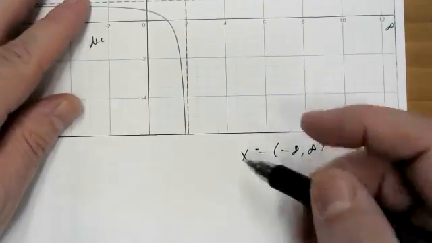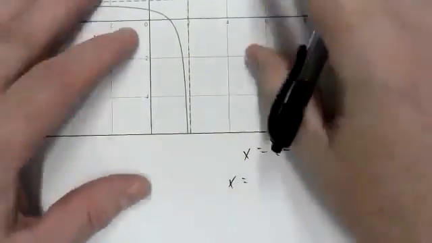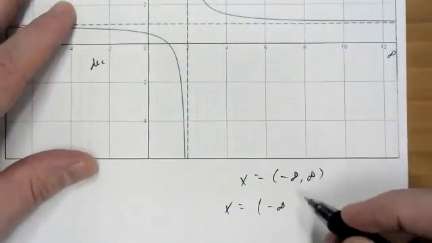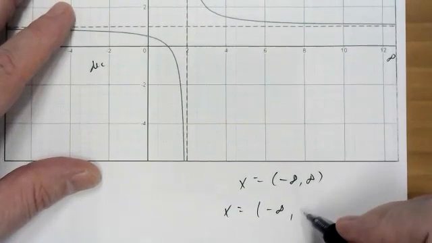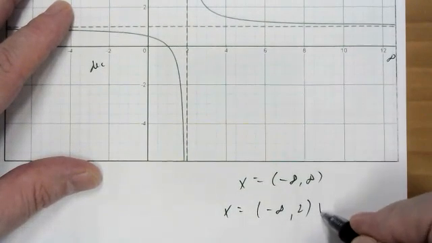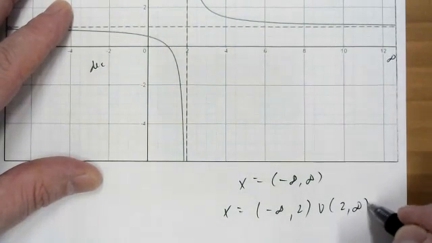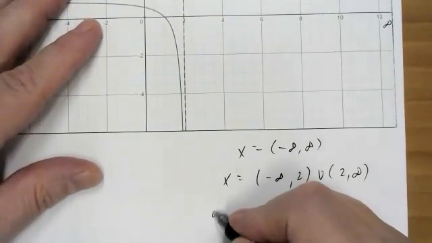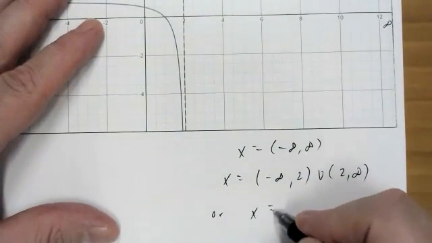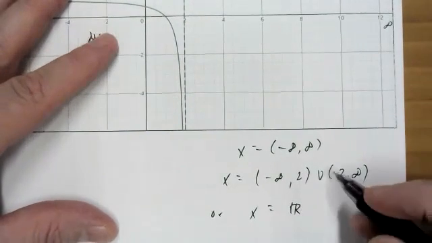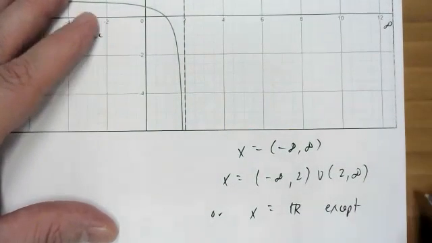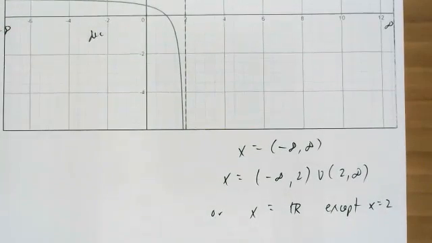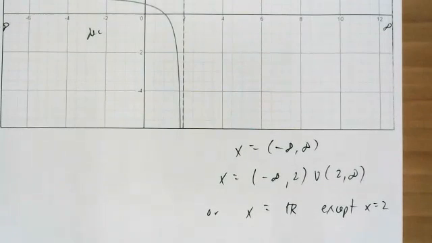We have 2 choices. You can really break this up into 2 parts. So it's 2 intervals. Negative infinity to 2, union with 2 to infinity, right? Or sometimes, in this case, all real numbers except x equals 2. Either way is fine.